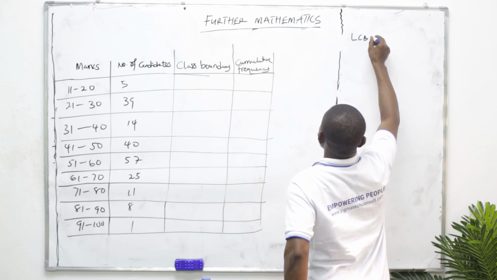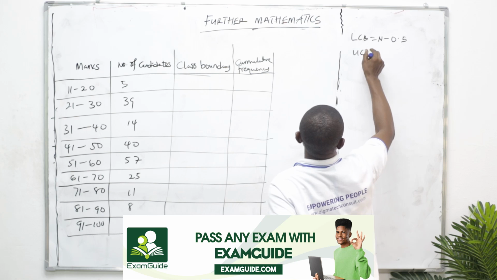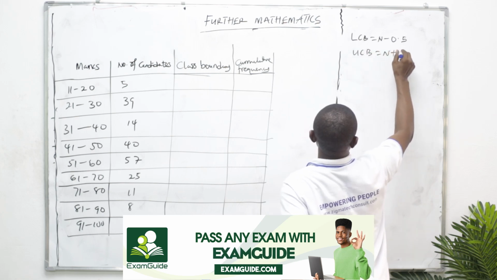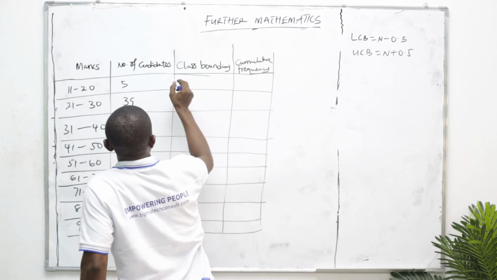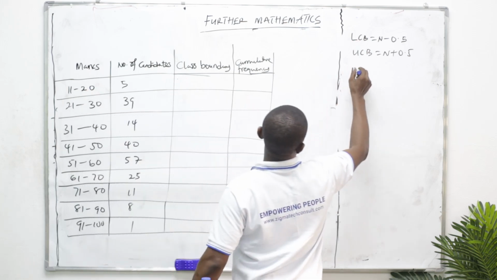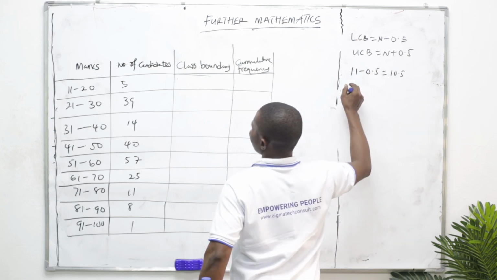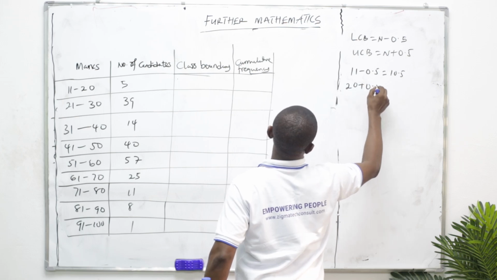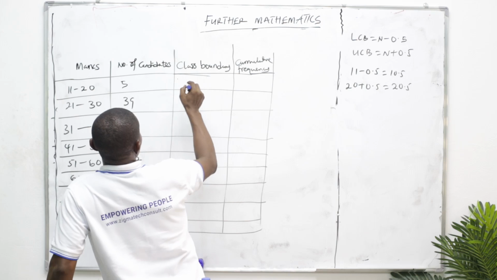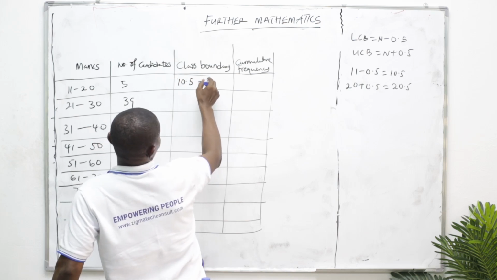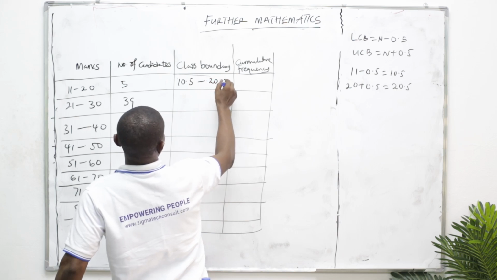Lower class boundary equals number minus 0.5. Upper class boundary equals number plus 0.5. So our lower class boundary, 11 minus 0.5 equals 10.5. 20 plus 0.5 equals 20.5. That's how you're going to do all. This is 10.5 to 20.5.